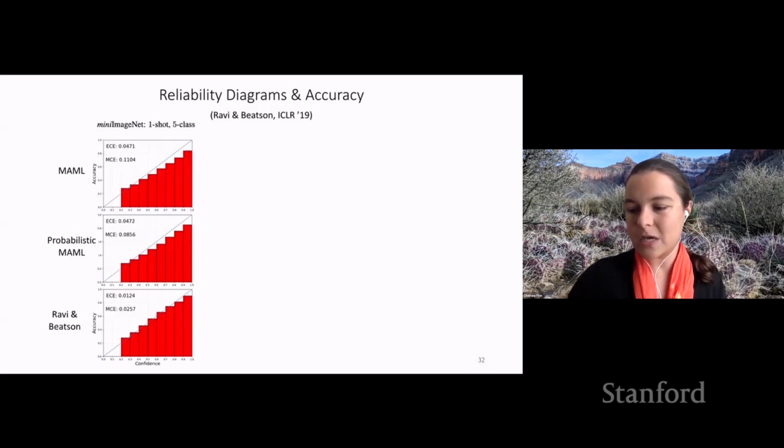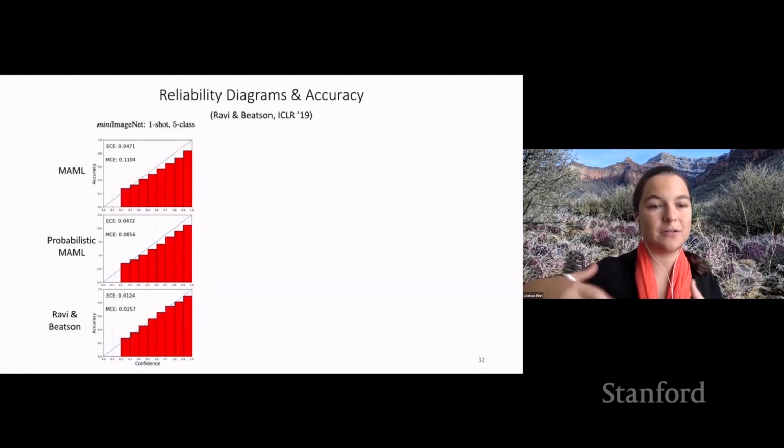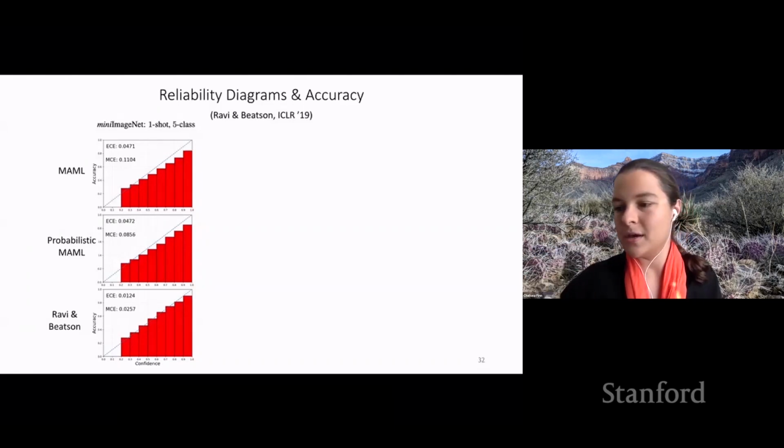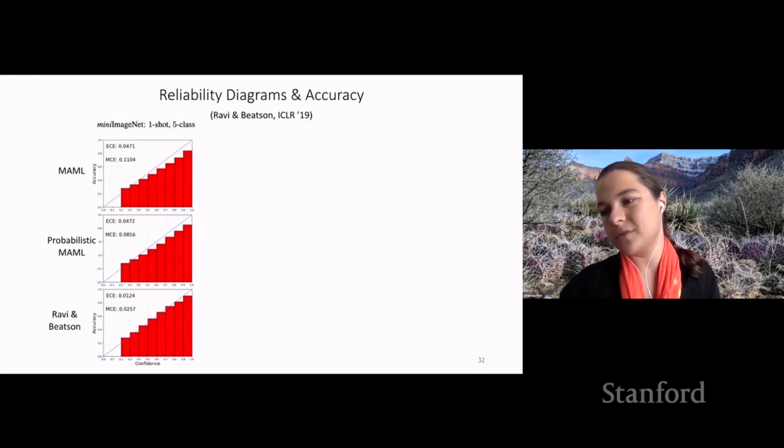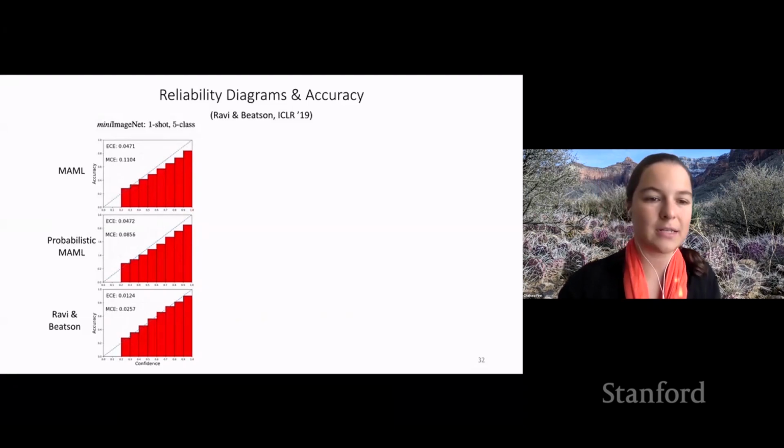So this is plotting the confidence that the classifier produces versus the accuracy. And if you see that the red bars follow this line, that suggests that the confidence is calibrated to the true accuracy. Whereas if you look at standard MAML, for example, it's not very calibrated, and there's a difference between this line and where the bars are.